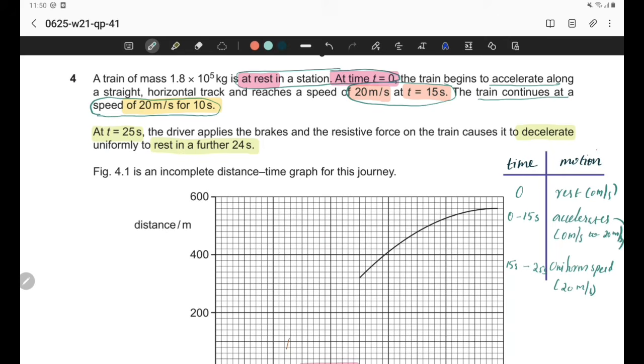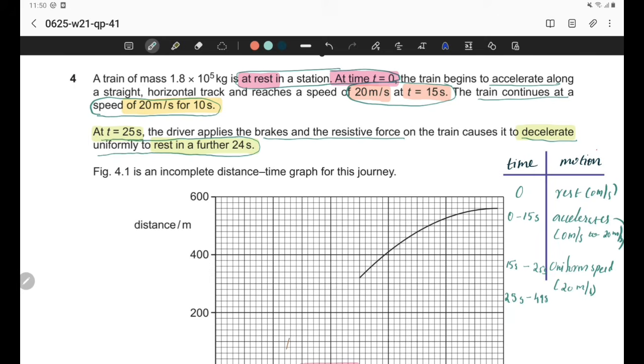Then at the 25th second, the driver applies the brake, and the train decelerates uniformly to rest for a further 24 seconds. So after the 25th second, it took 24 more seconds. That means 25 seconds to 49 seconds.